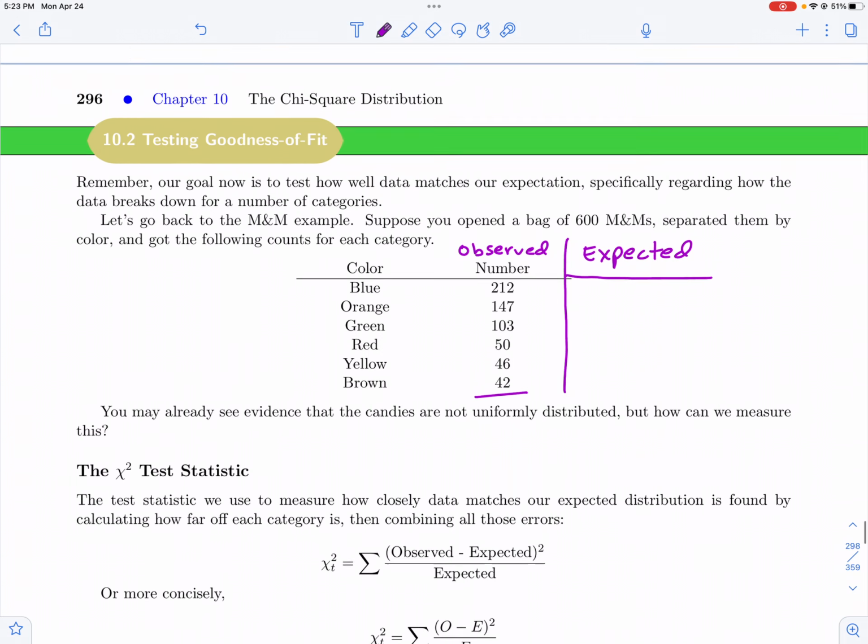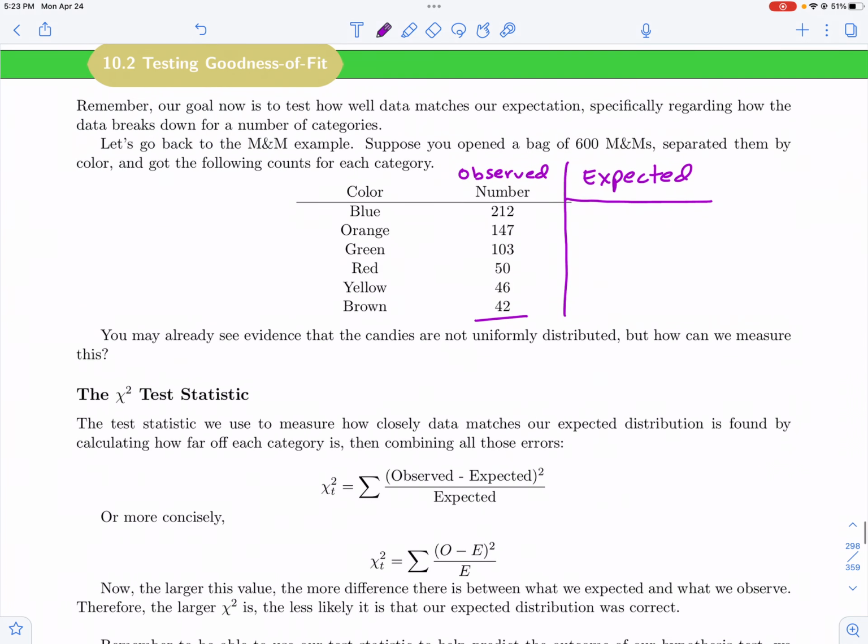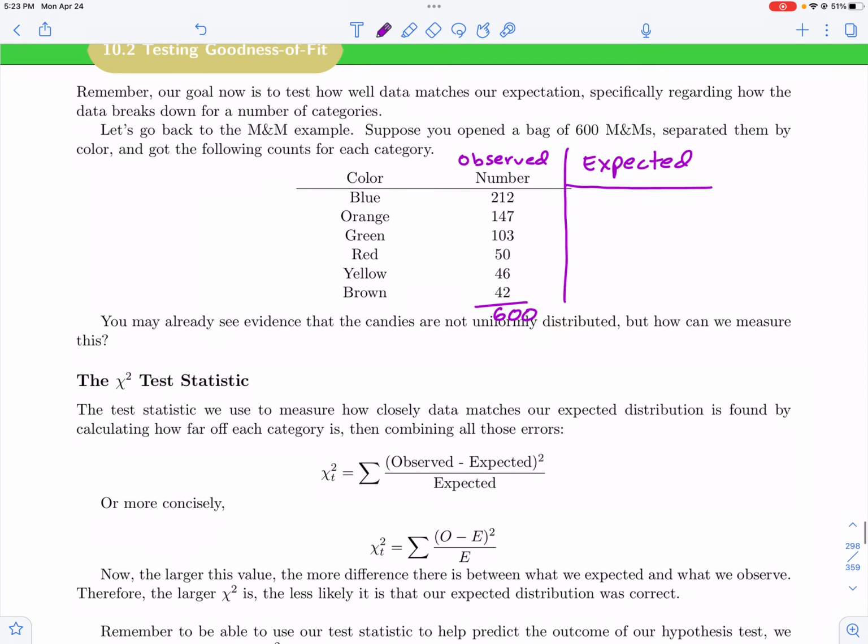So it looks like we've got 600 M&Ms total. And again, since there are 6 colors, if we take 600 divided by 6, we'd expect there to be 100 blue, 100 orange, 100 green, 100 red, 100 yellow, and 100 brown.